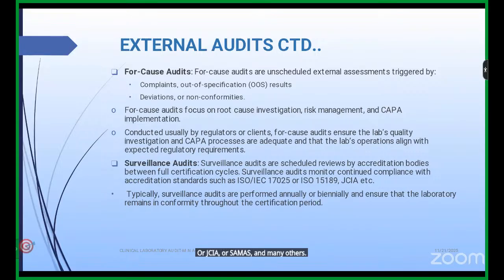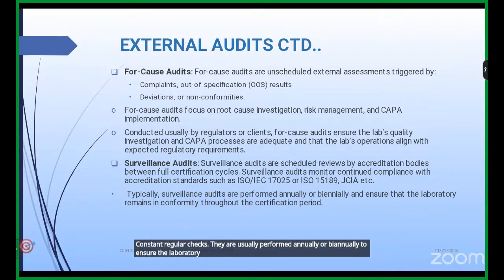These can be unannounced or announced. So they are constant checks. Surveillance means constant, regular checks. They are usually performed annually or biannually to ensure the laboratory remains in conformity throughout the certification period.